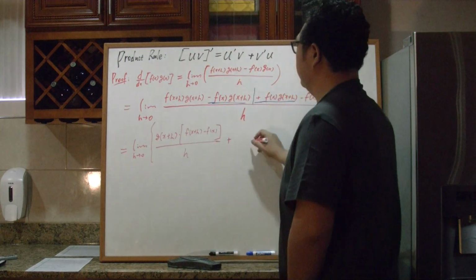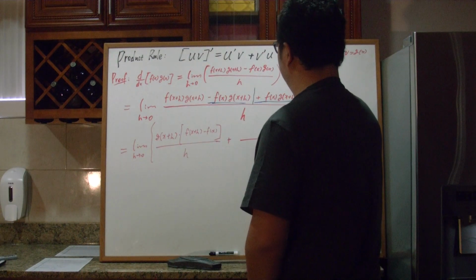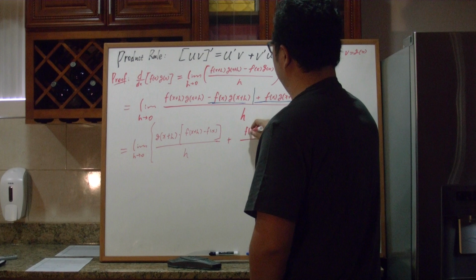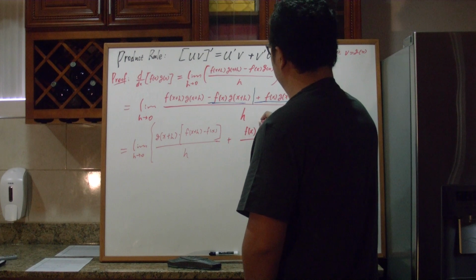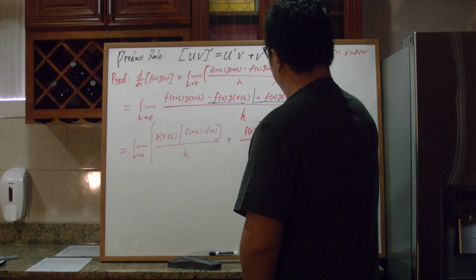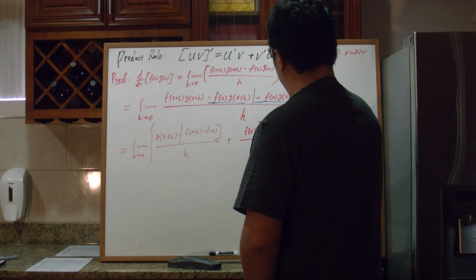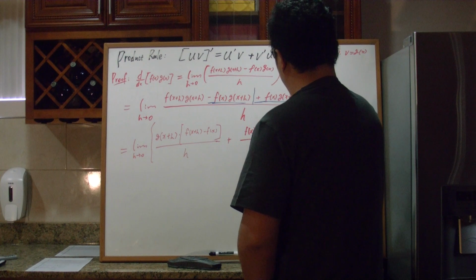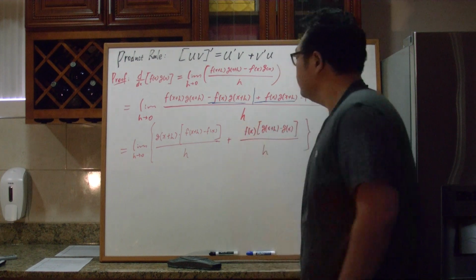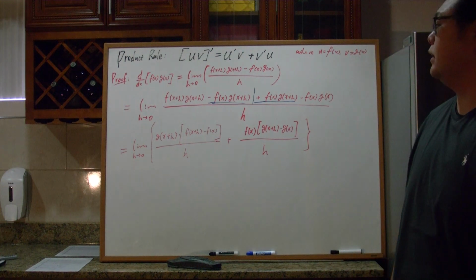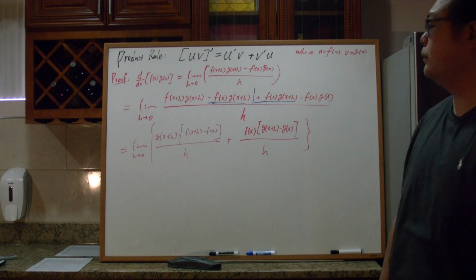And for the division by h, of course, it could be separated, right? The second term also can factor out f of x. What we have is the expression of two terms.